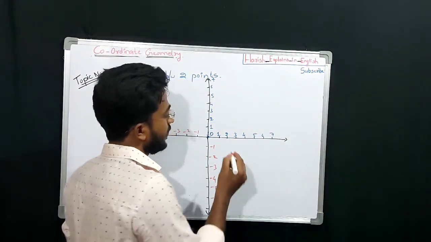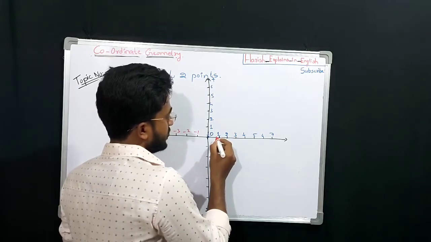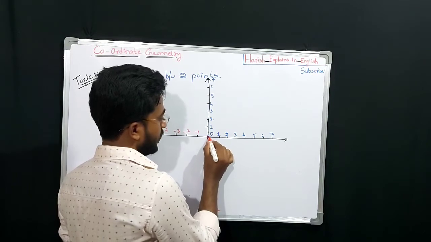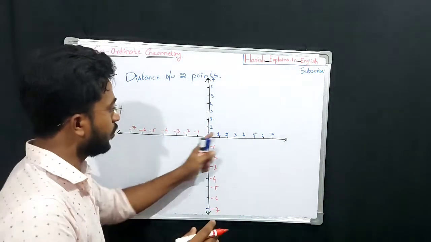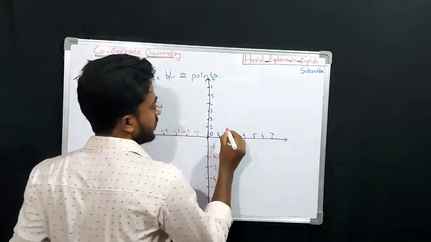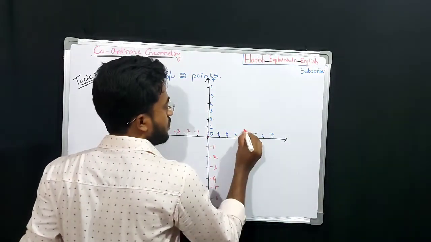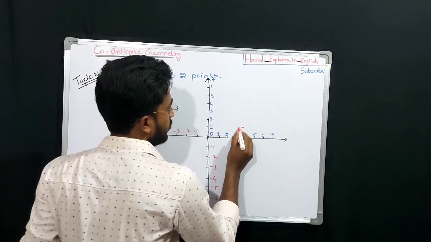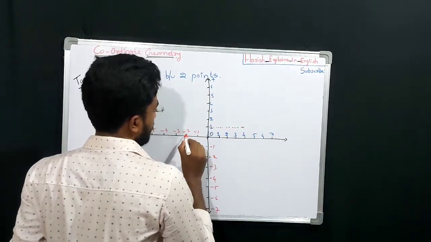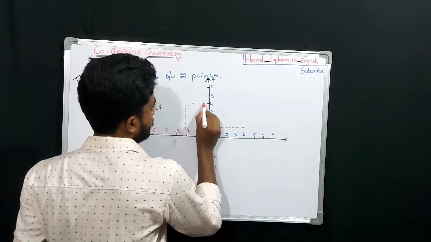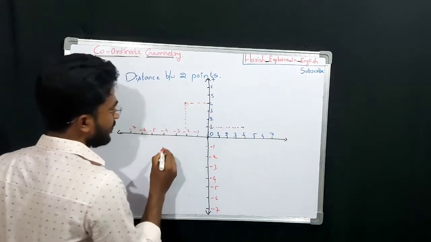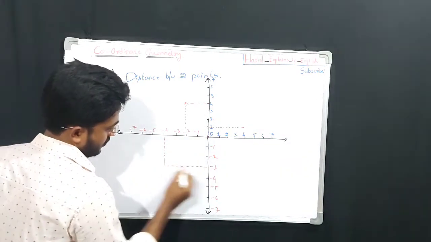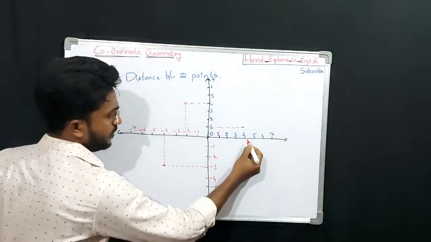Before going to distance, let us mark some points here. Okay, this is one point, and one more is this one. You can consider any point, not a problem.